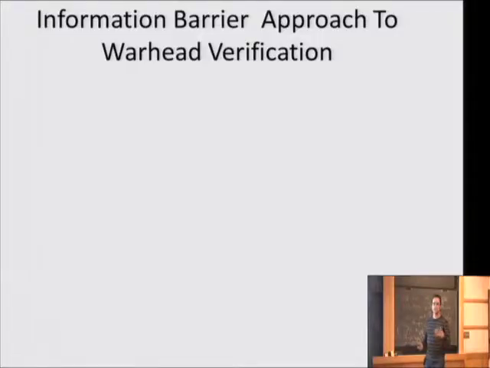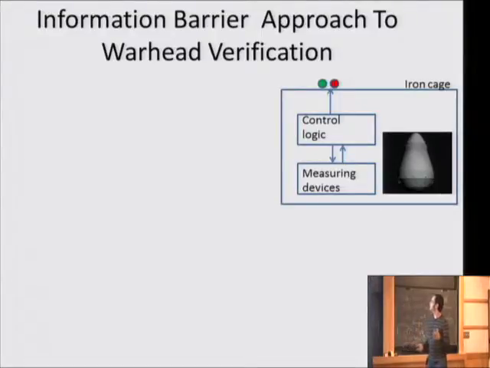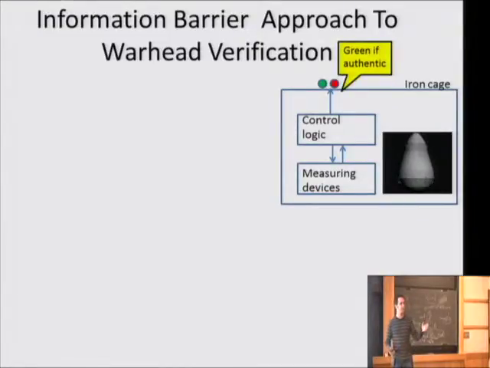So what's the approach? People have been aware of this problem, and what's the approach that they've been using? It's called the information barrier approach. So this is the idea. You put the warhead inside some big iron box, and you have inside basically a robot and computer-controlled measurement apparatus that measures this warhead, and at the end it just gives out either a green light or a red light.